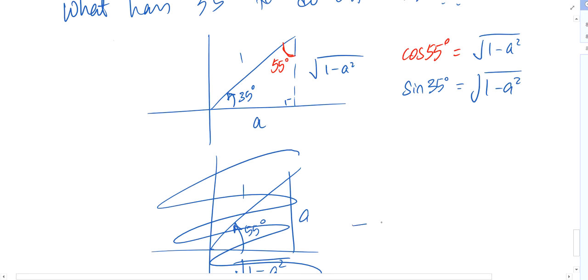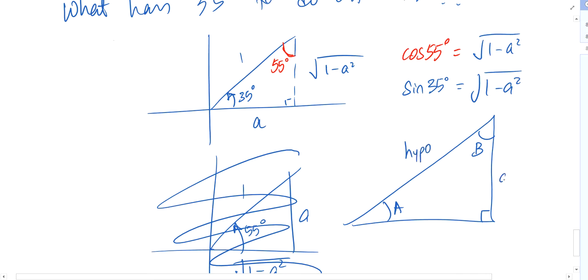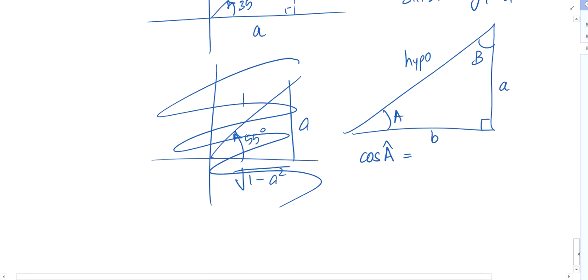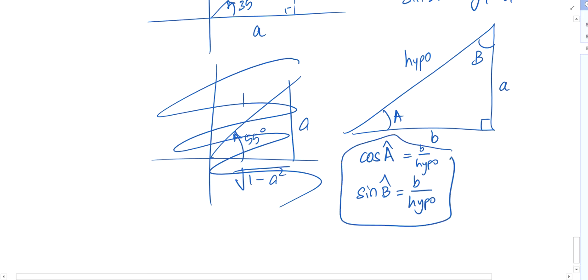So in your right angle triangle, if this is angle A, this is angle B, this is your right angle, this being your hypotenuse, and let's call this side A, let's call this side B. Cosine angle A equals adjacent, so that is B over hypotenuse. Then if I consider sine B, where B is this angle, so sine B is opposite, B again, B over hypotenuse. Same. This happens when A and B add up to be 90 degrees.